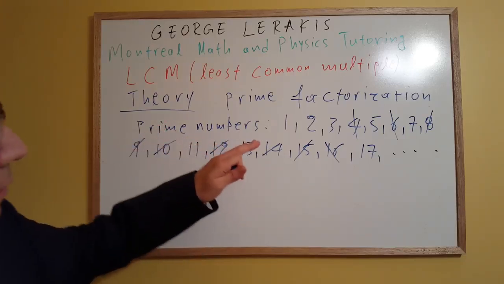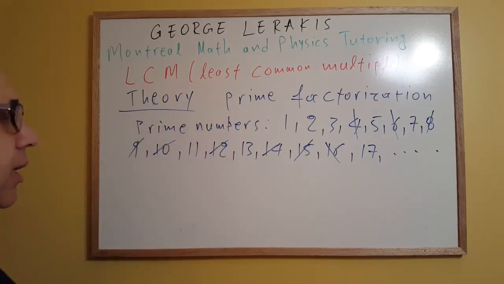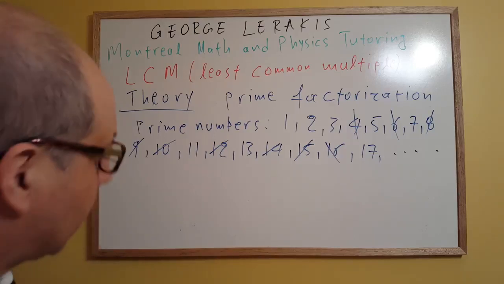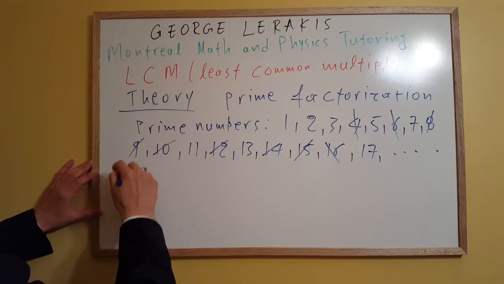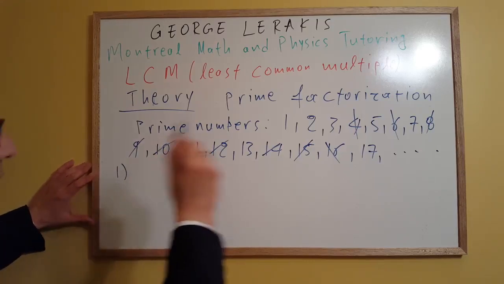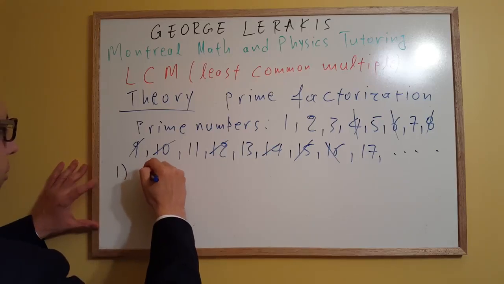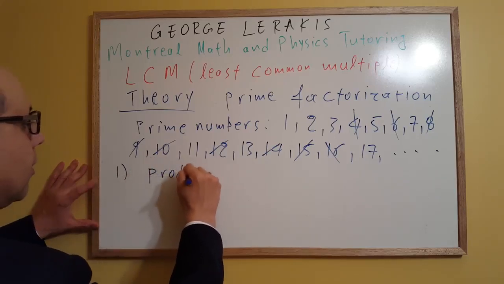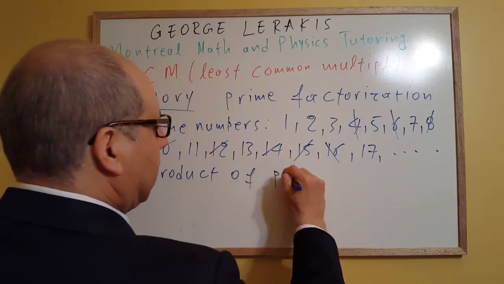So once you know what the prime numbers are, the two steps are the following. The first step is you write the two or more numbers you have as a product of prime numbers.